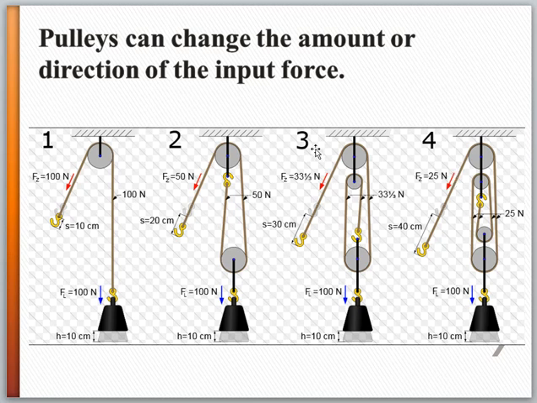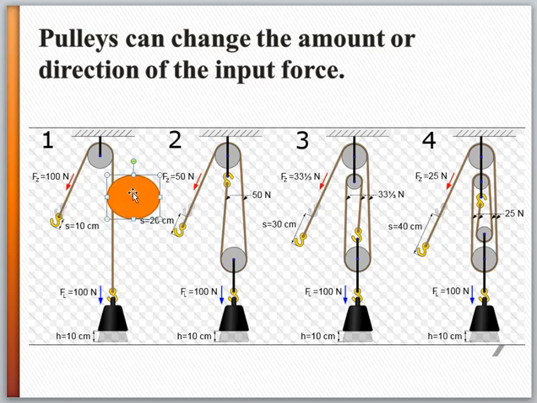But again, I just want you to identify the 6 basic types of simple machines and be able to recognize those when you see them. And then for pulleys, I do want you to know that if you have a single pulley, the loads are going to be the same. If you could pause this video and look at that.